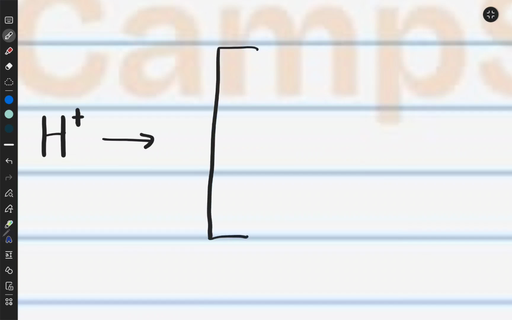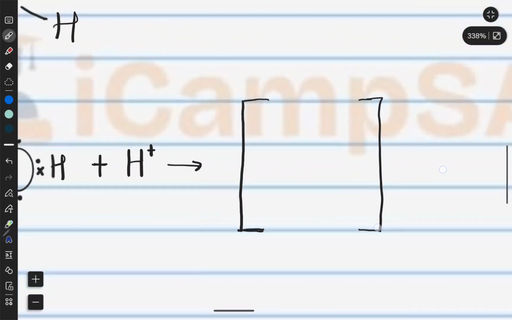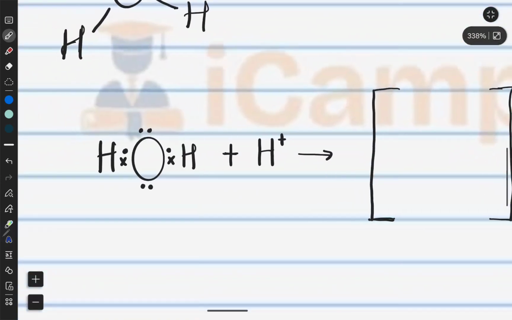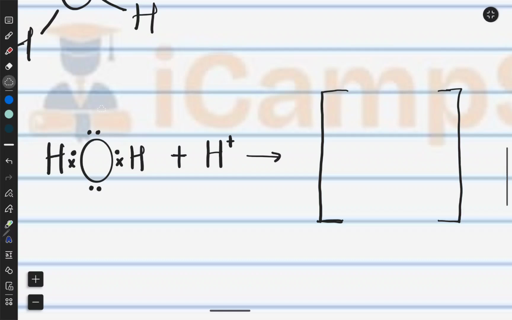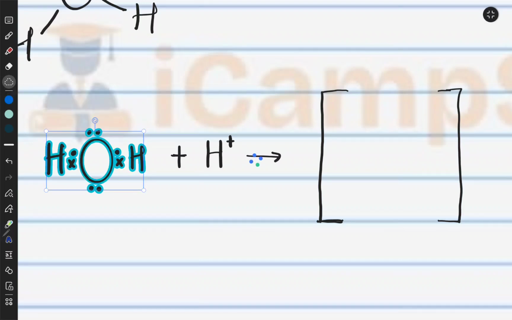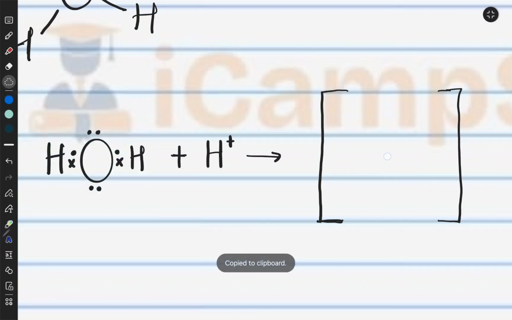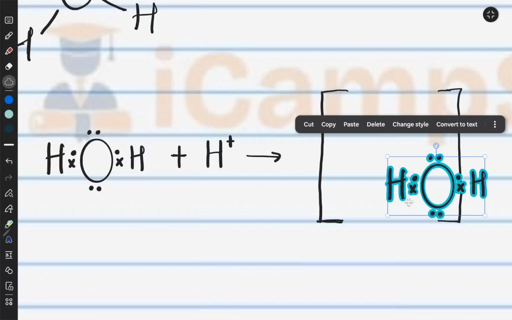Then, for a dative covalent bond, it's important to draw these brackets. So we draw these brackets and put the structure in here.